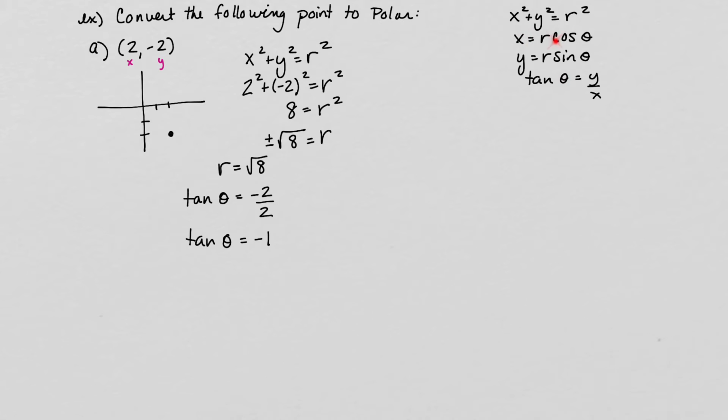If I picked one of these other equations, I'm going to have to use this r, which is the square root of 8, and I kind of like to avoid doing that. I picked the positive square root of 8. You could have picked the negative square root of 8, but then you're going to have to adjust your angle oddly.